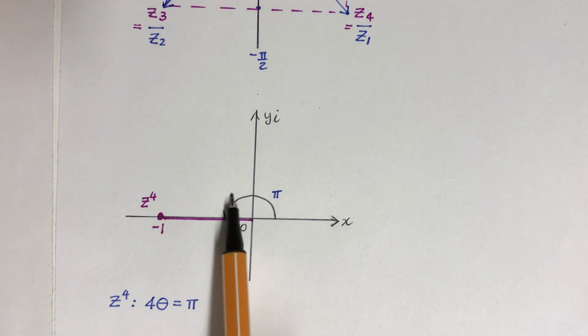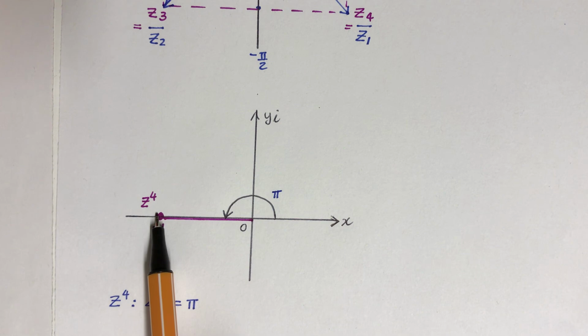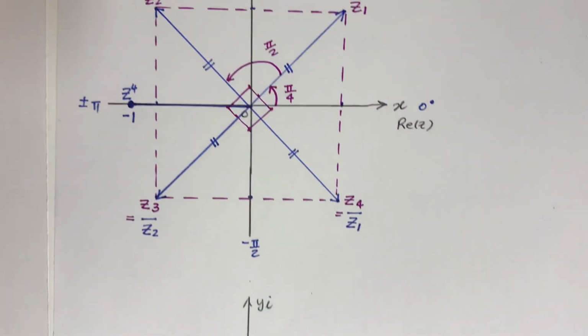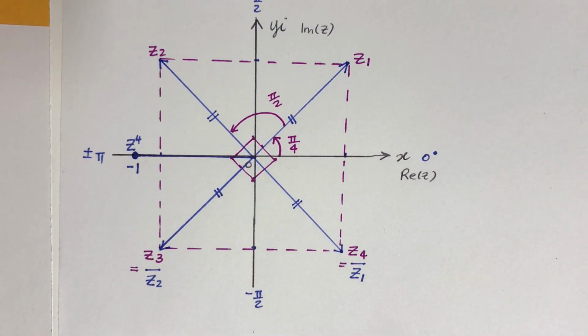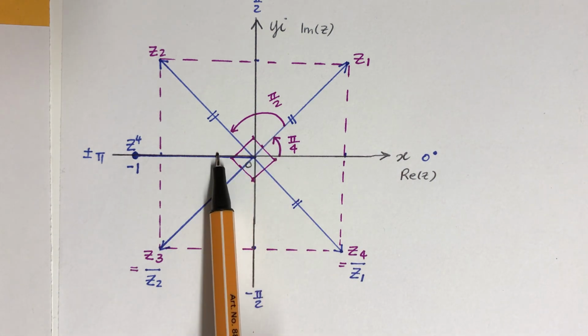And that z to the power of 4 is 4 theta, from de Moivre's theorem, and that equals pi. That was sketched on there as well, so from here to here is pi.